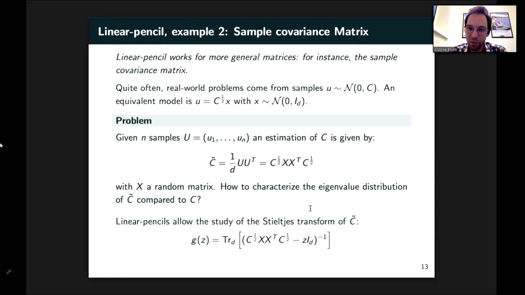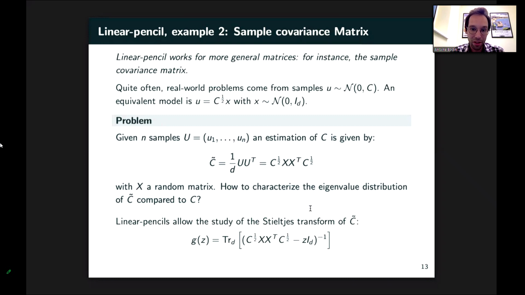One of them is when you have, for instance, to calculate some covariance matrices. In the real world, the covariance matrices that you actually calculate usually do not come from the real underlying covariance matrix that you would like to have. For instance, if you're working in finance, an interesting thing is to calculate the covariance matrix of all your assets, but you can only use past data to get it.